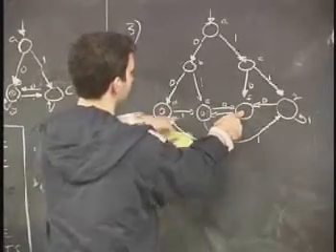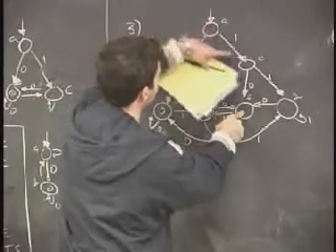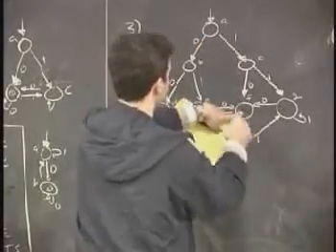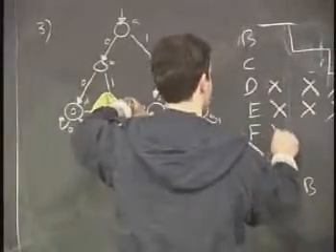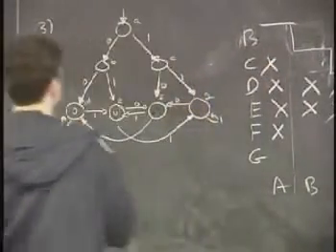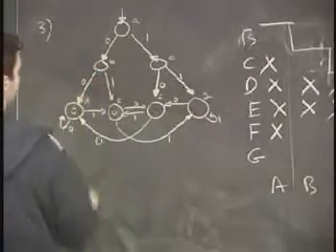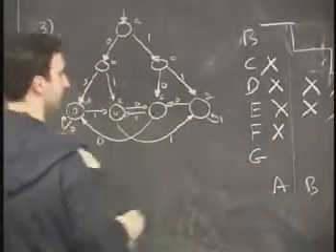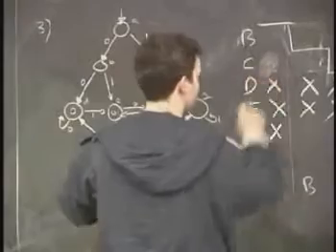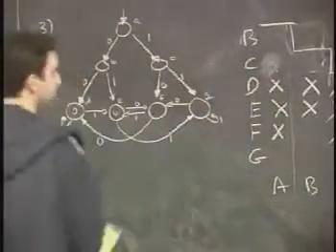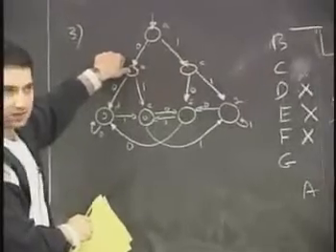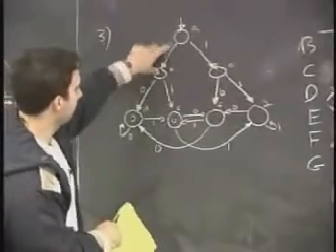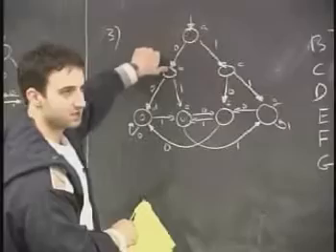This goes to 2 accepts, so it can't be either A or C, right? It might possibly be B. So F can't be A, and F can't be C. What about B? B can't be A, because B goes to 2 accepts, and A doesn't.